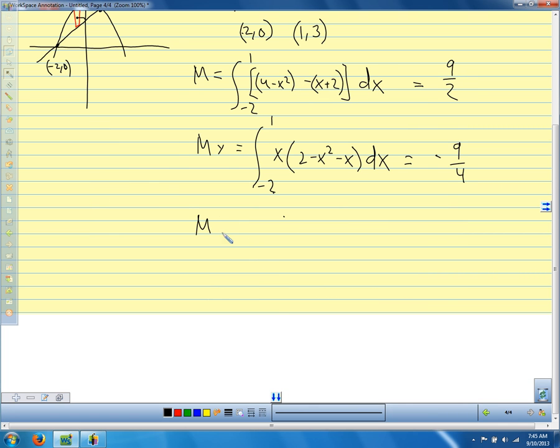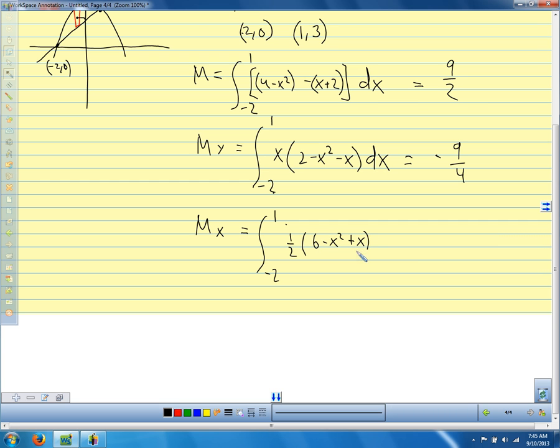And then m sub x, a little more difficult to set up, but not difficult to do. So I have 1/2 f of x plus g of x. When I add those two together, I get 6 minus x squared plus x.